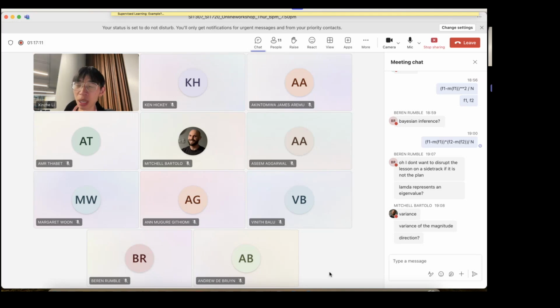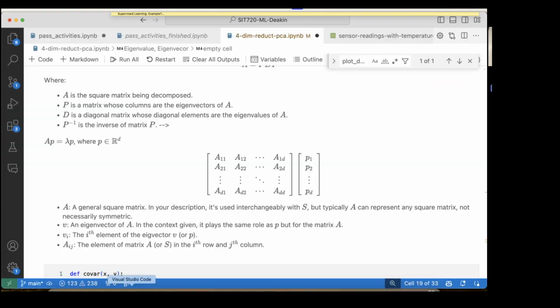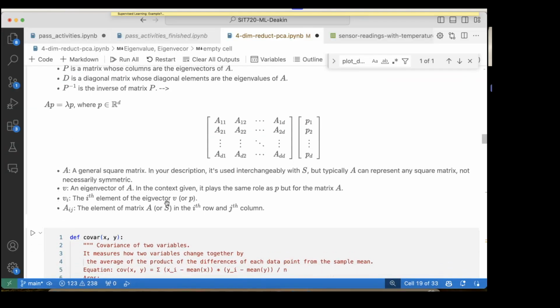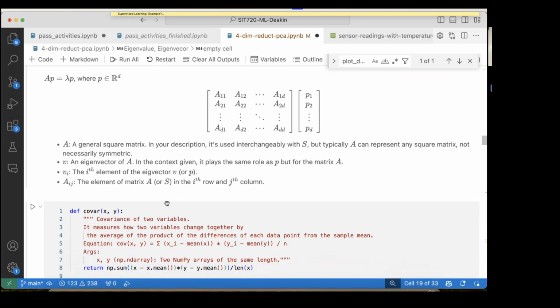Because you are going far towards linear algebra, just go away from that. That's another process. Just don't talk about determinant for this workshop.